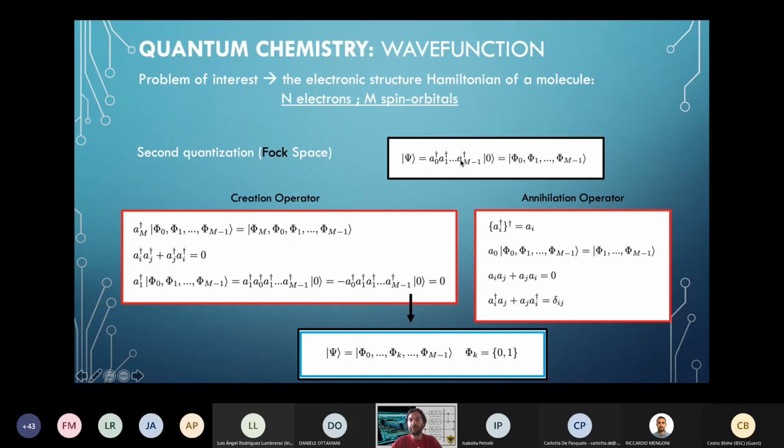These operators that create particles and then annihilate particles are such that they take care of the antisymmetric properties of your wave function. So this might be a bit obscure for people who are not in physics.